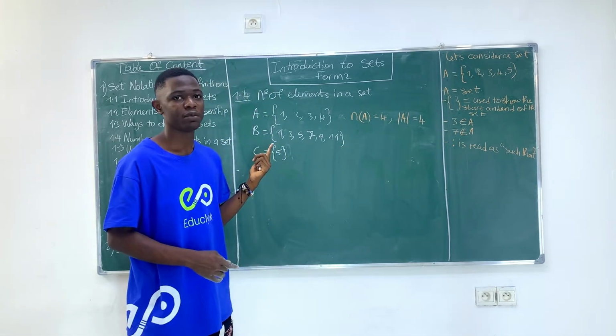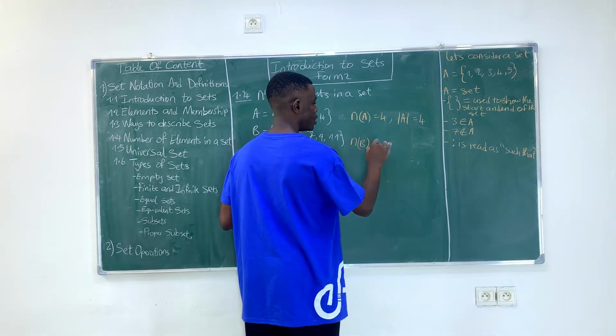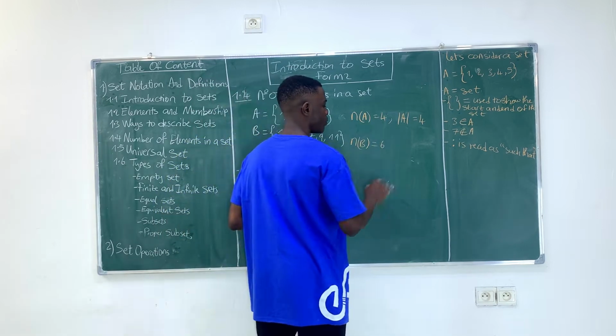How many elements are in B? We have n(B) equal to 1, 2, 3, 4, 5, 6, so 6.